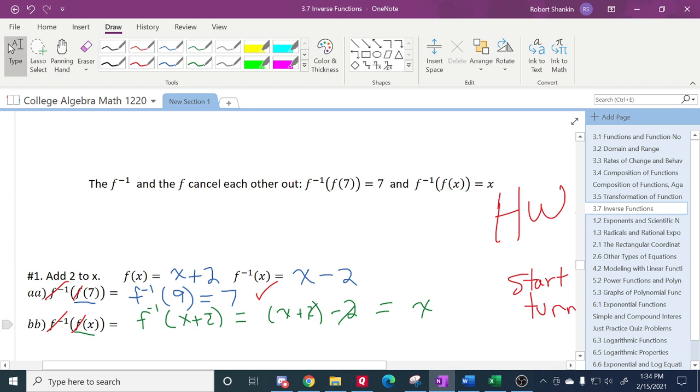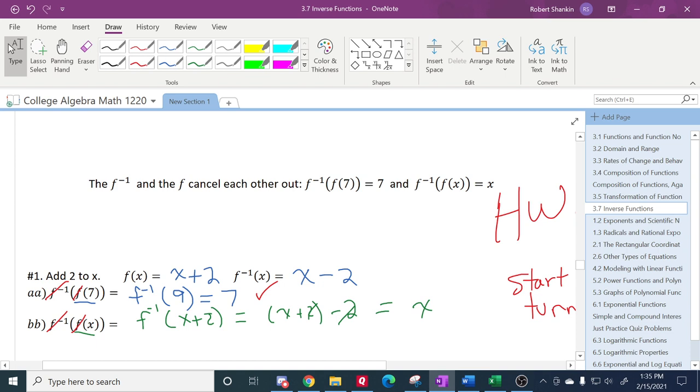And vice versa, in either order. You could do f on the outside and f inverse on the inside, that doesn't matter. Now here it's done with x, and what happened is the f inverse and f killed each other off. You were back to the original as if nothing had ever happened.